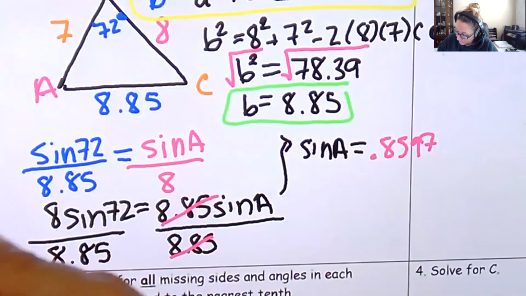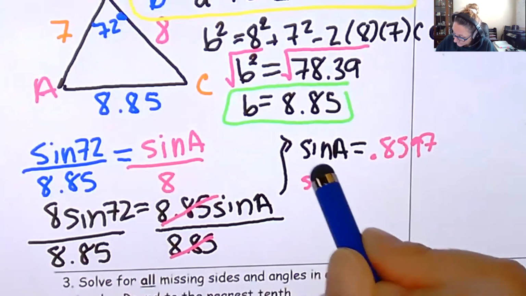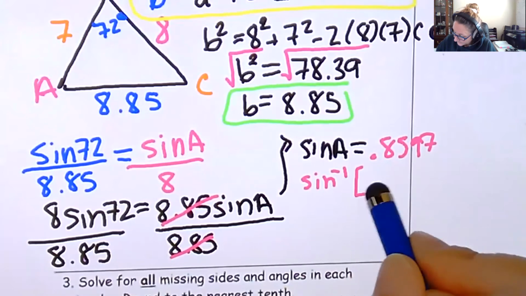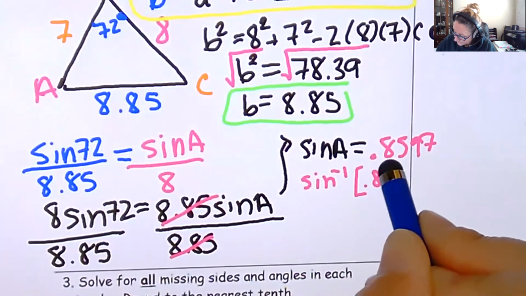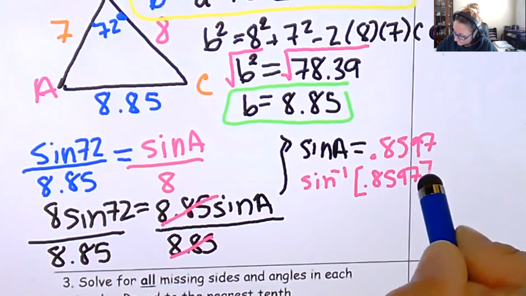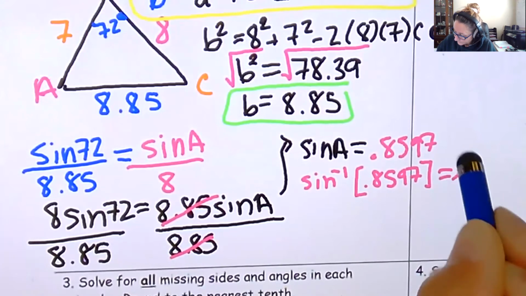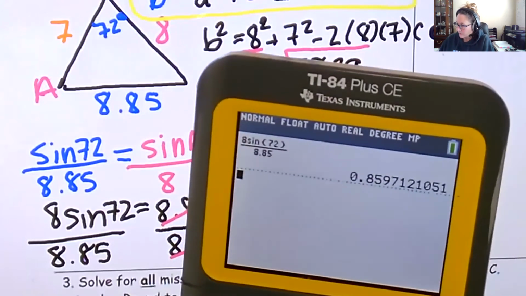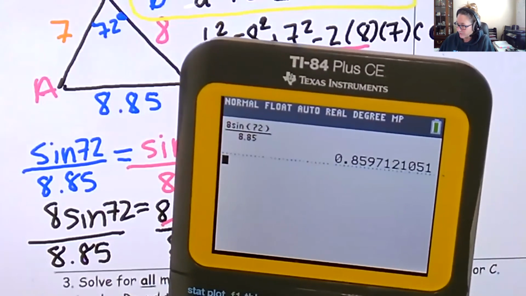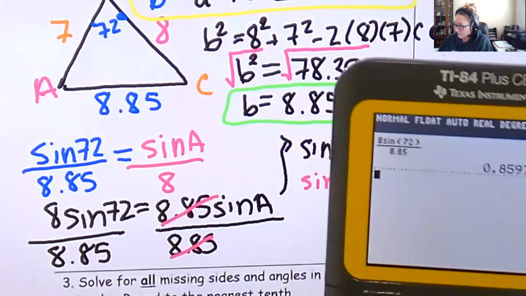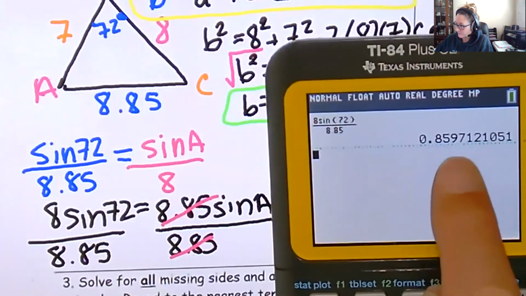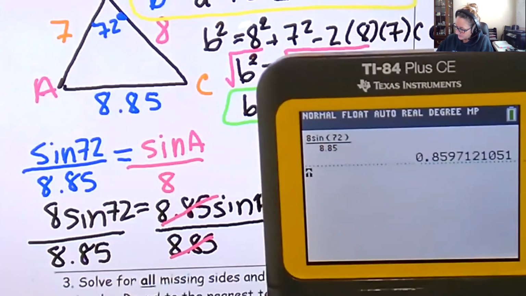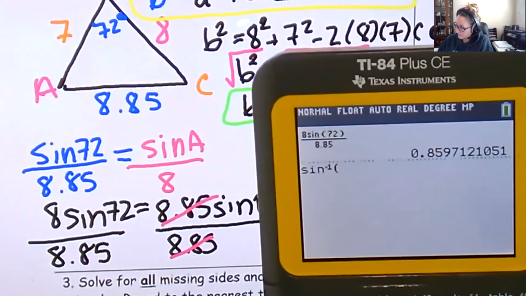So now I'm going to do sine inverse of this to get my A. That's what I'm doing to get my A. And so I am going to basically take this and do second and sine inverse of this.